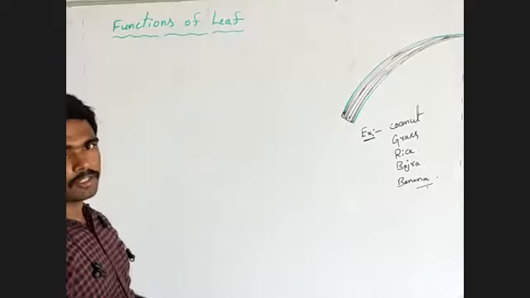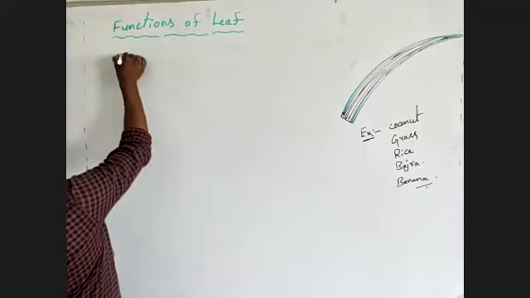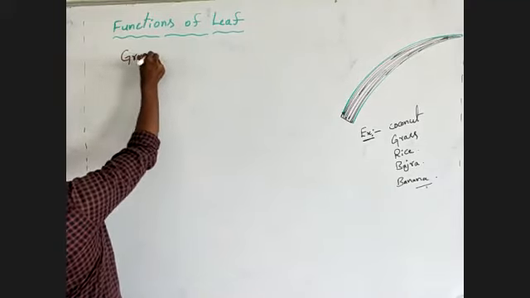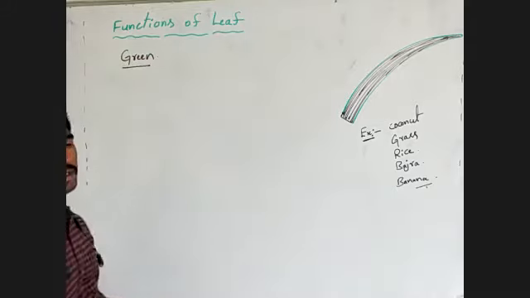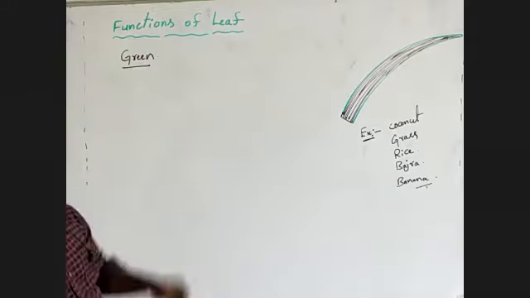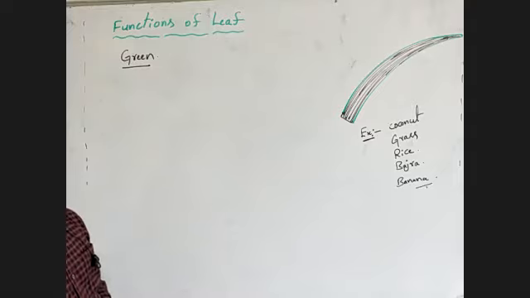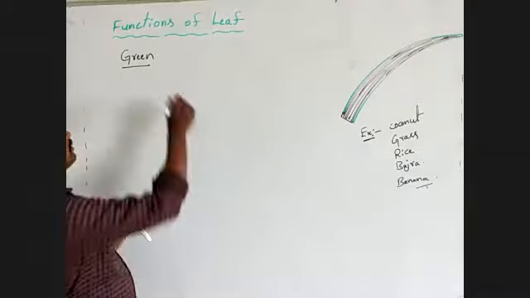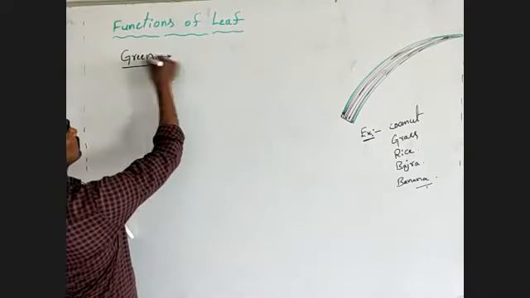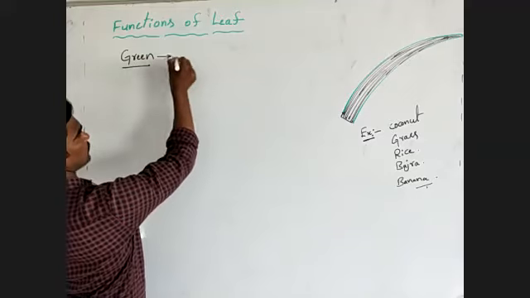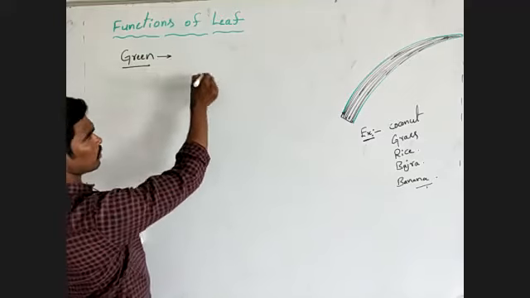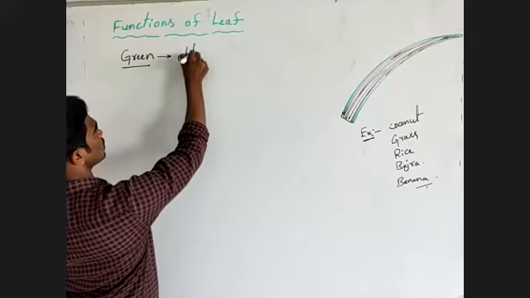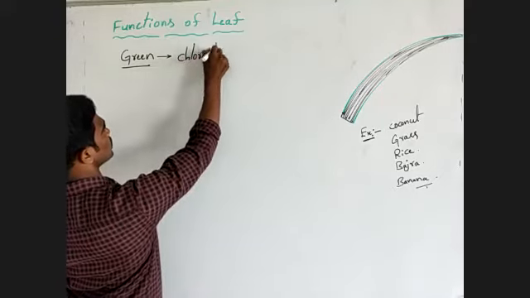What is the color of leaf? You know, color of leaf is green. What is the reason for this green colorness? Main reason is due to presence of very important pigment, green color pigment, that is chlorophyll.